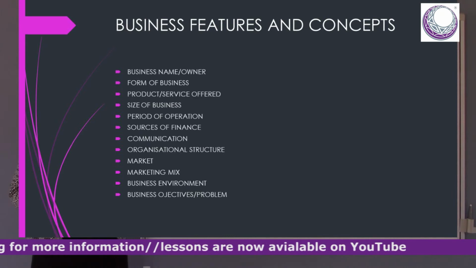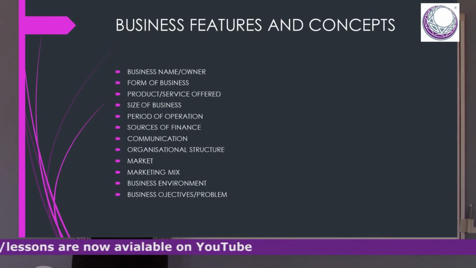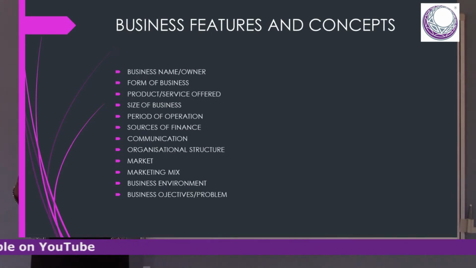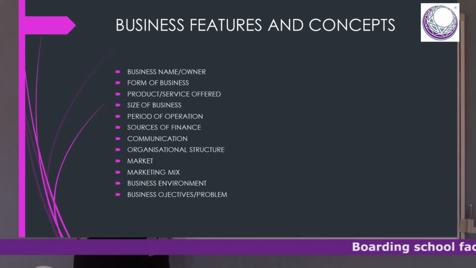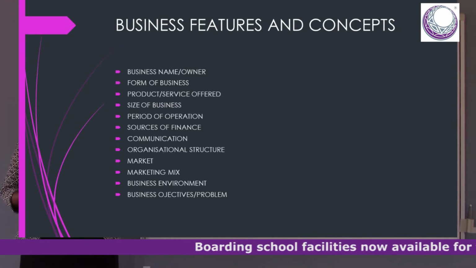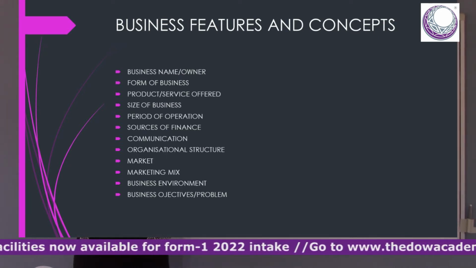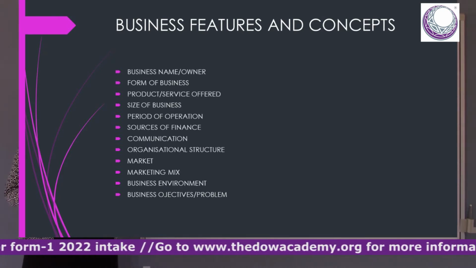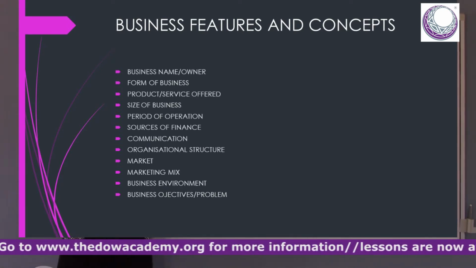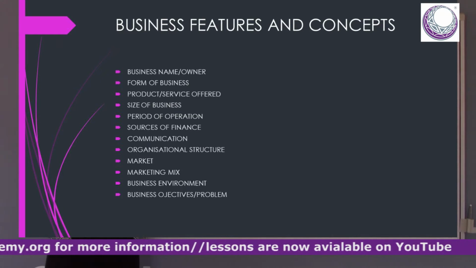And sometimes this is where you can even classify your business in the sectors of production. Is it a primary sector? Is it manufacturing? Is it a tertiary sector? You need all that information so that when you communicate, you can always use the appropriate language.